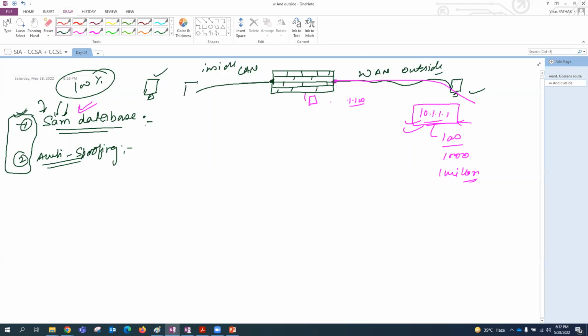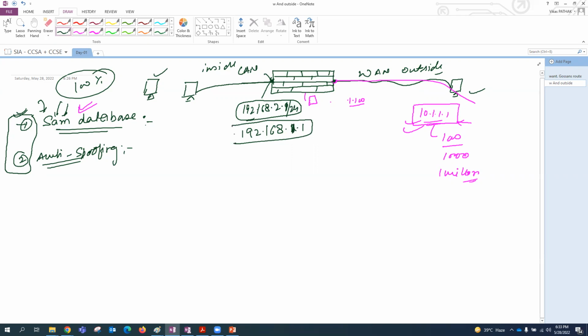For example, let's suppose we have a machine over here and this interface has an IP of 192.168.2.1/24. So whatever traffic hits this interface should be from the 2.x network. But let's suppose one traffic has landed on this interface and the source IP is 192.168.1.1.